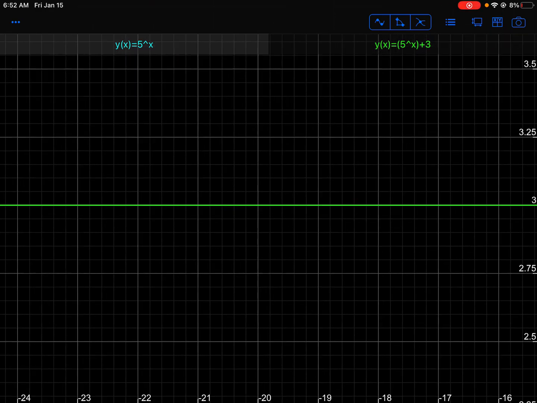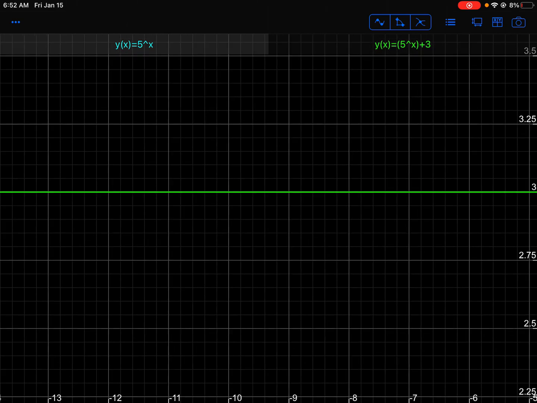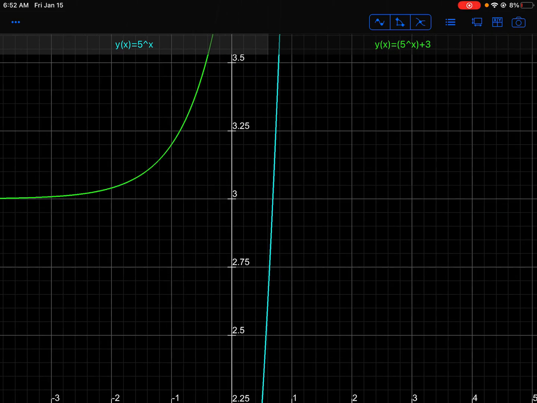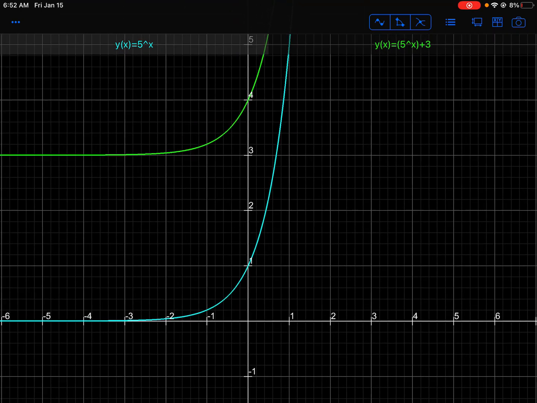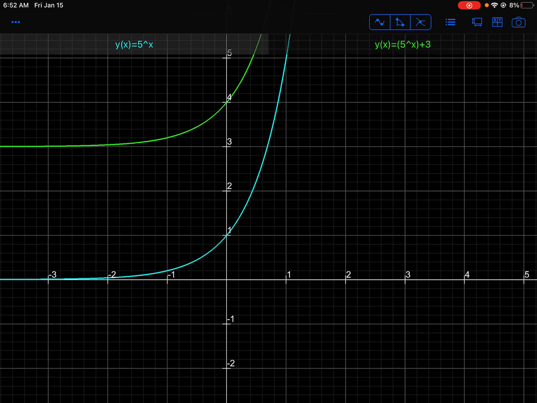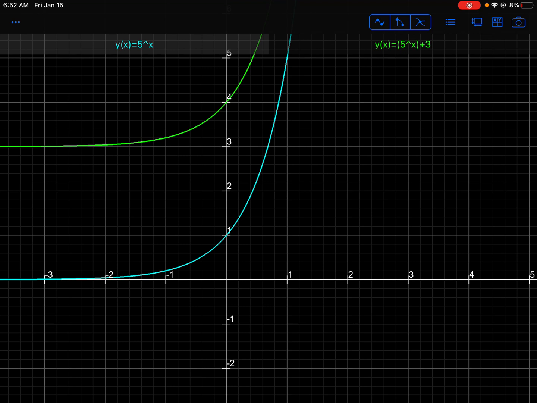It'll get closer and closer, but it will not cross 3. So again, I'm showing you how to plug these into Good Grapher, but still when we look at 5 to the x plus 3, we should know our asymptote is 3, and that helps tell us where our y-intercept would be.